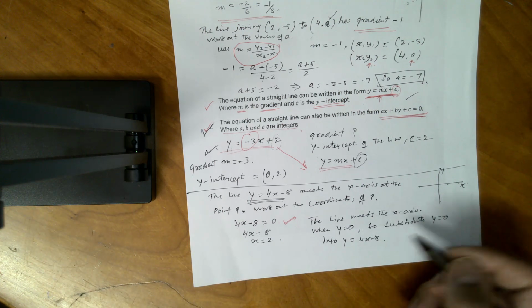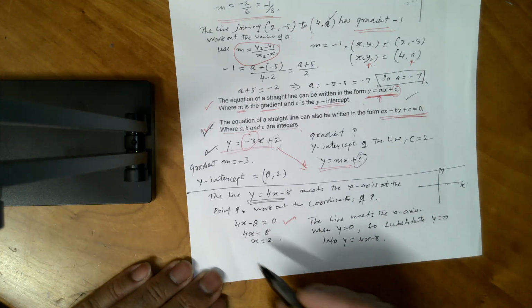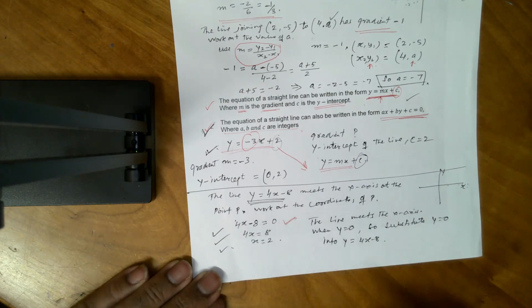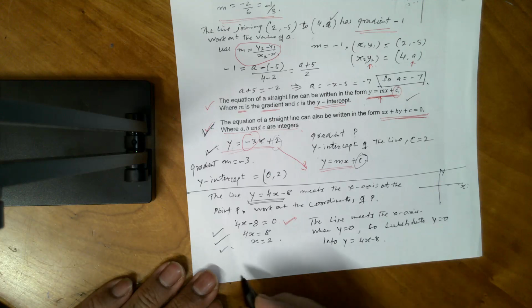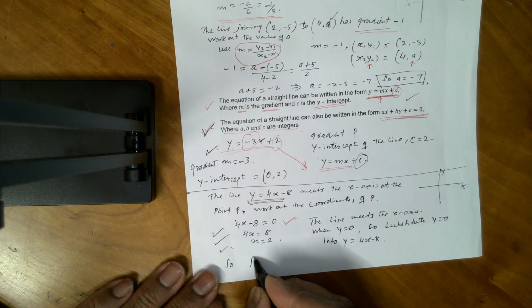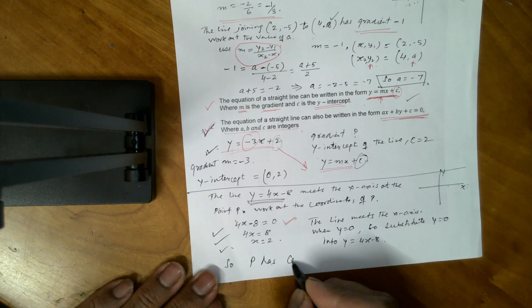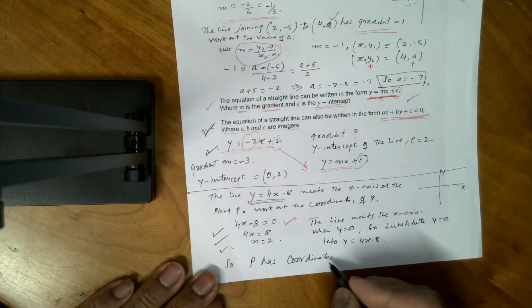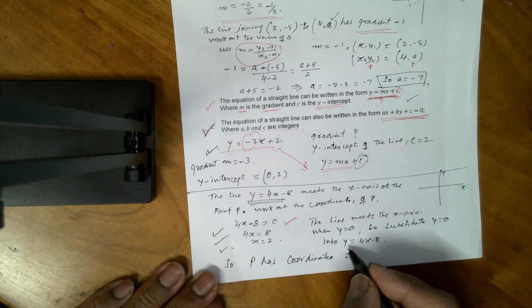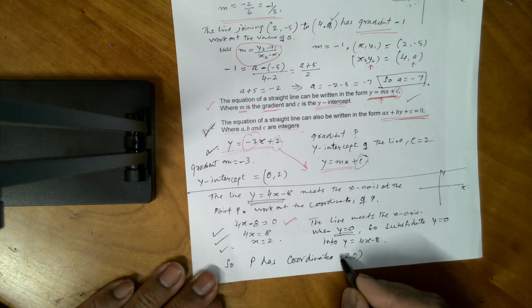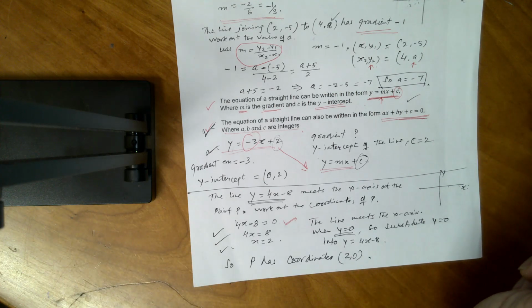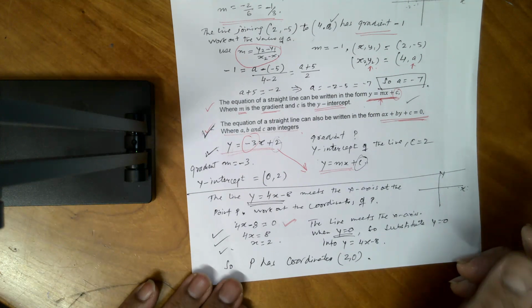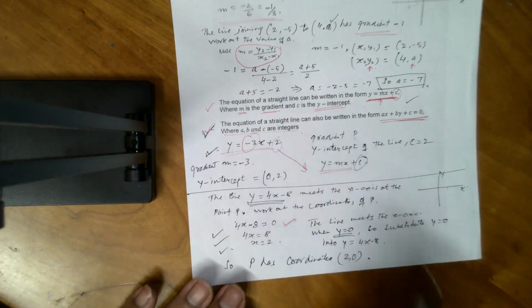Once you write this, you simplify the equation, and then you simply write P has coordinates, where x is 2 and y was 0, because when y is 0, you will write (2, 0). So this is one of the examples.